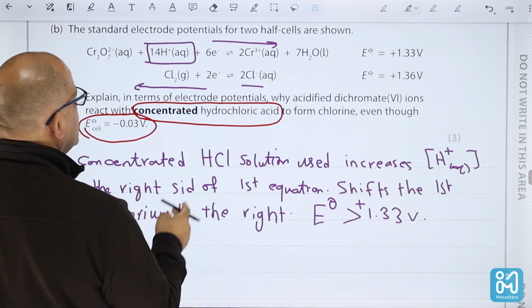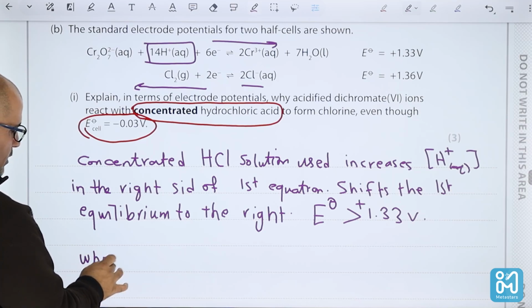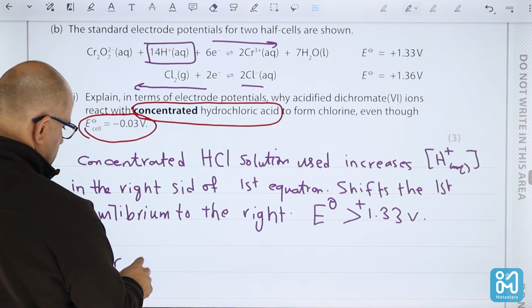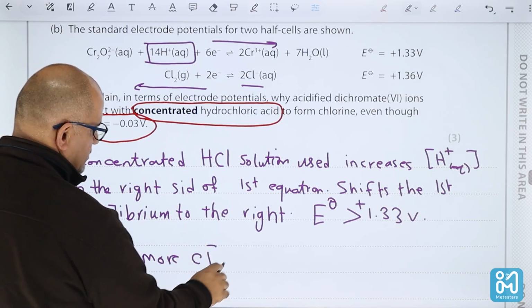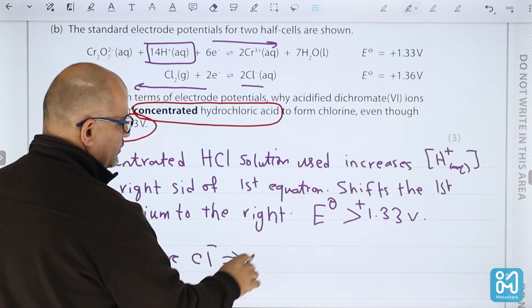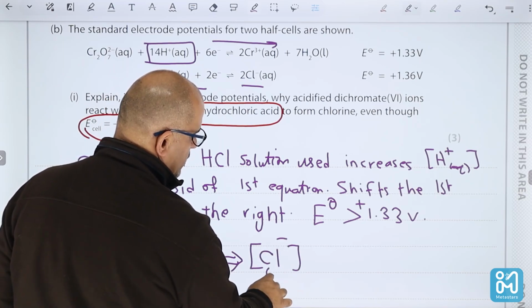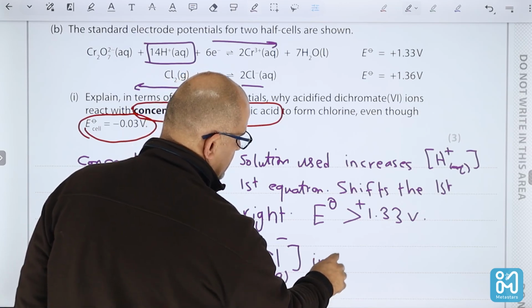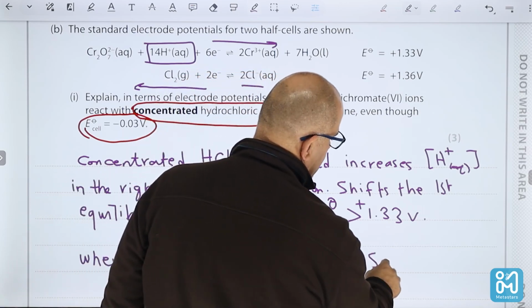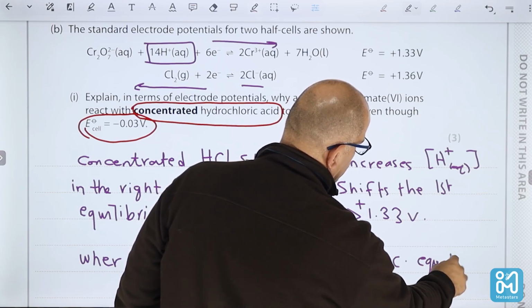So this means that with more Cl minus, this leads to more concentration of ions in the second equation or equilibrium.